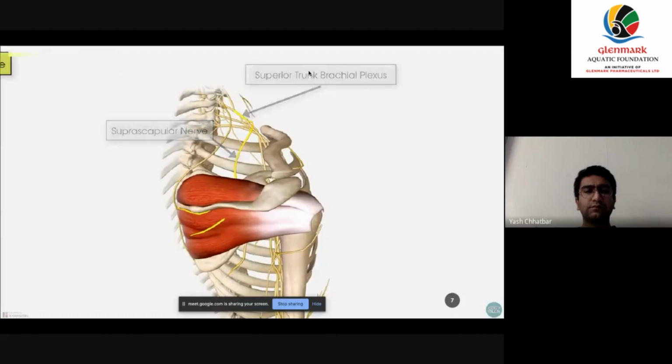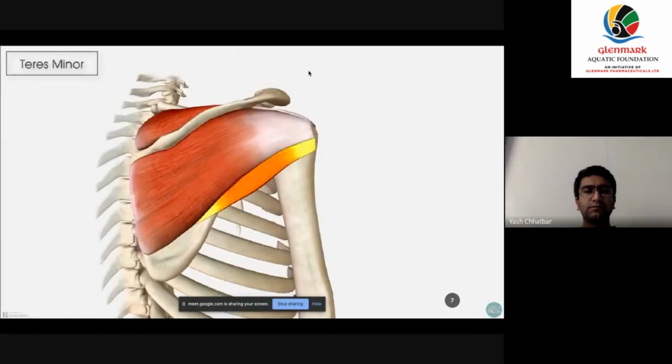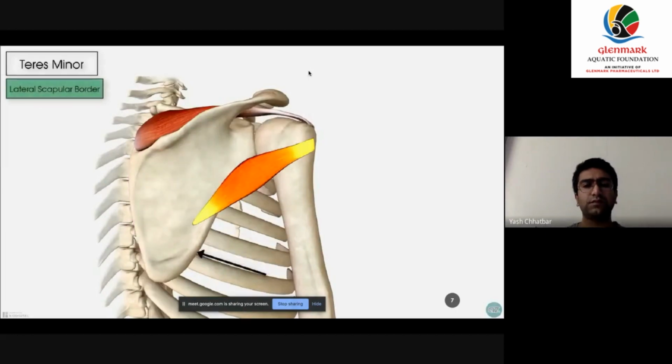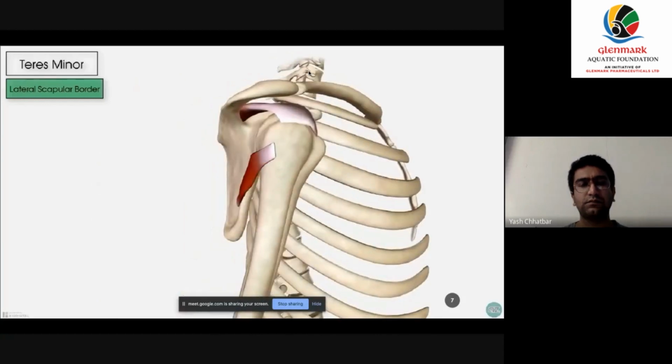Next, we have the teres minor muscle. The teres minor muscle is located just inferior to the infraspinatus on the lateral border of the scapula. It then inserts onto the greater tuberosity of the humerus on its inferior facet.